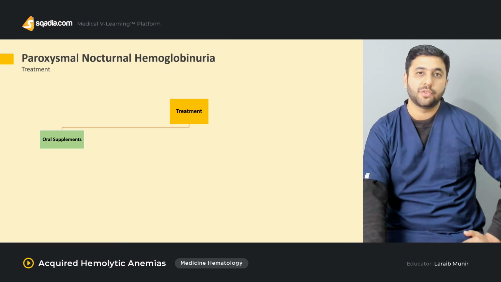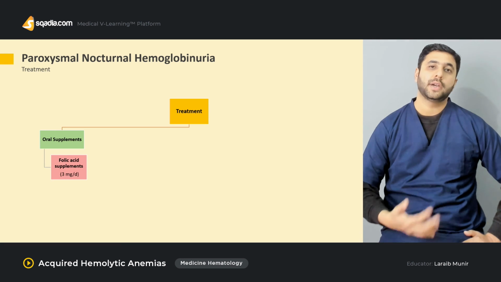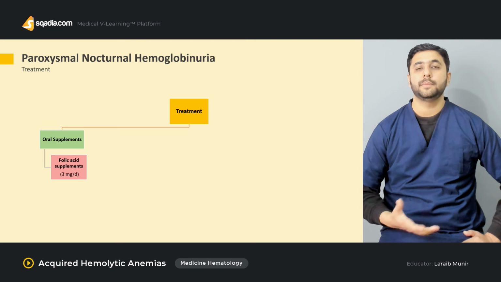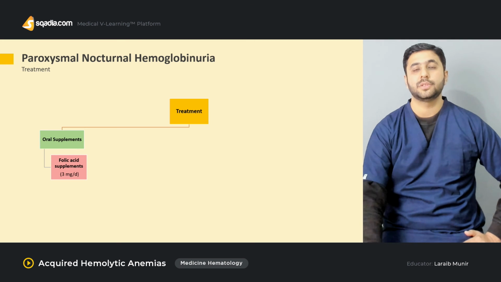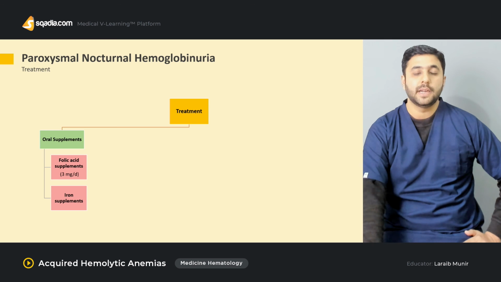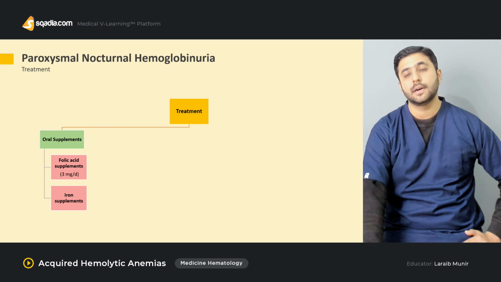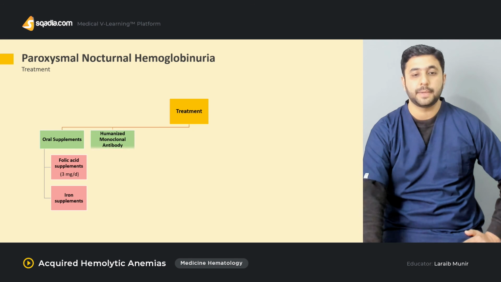We have to replace the folic acid to counteract the demands of the body, to supply enough folic acid for the developing RBCs or for the increased erythropoiesis in the bone marrow. Similarly, if there is a large degree of hemolysis or blood loss, we have to replace iron, because if we don't replace the iron over a period of years, the RBCs can become microcytic and it can turn into an iron deficiency anemia.